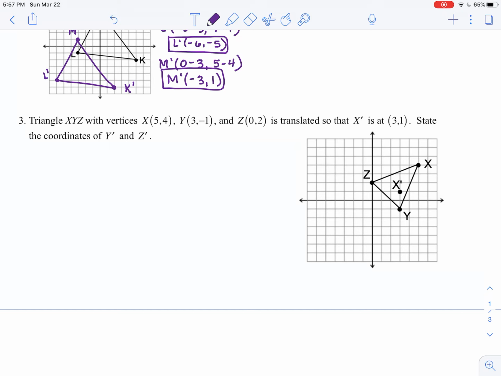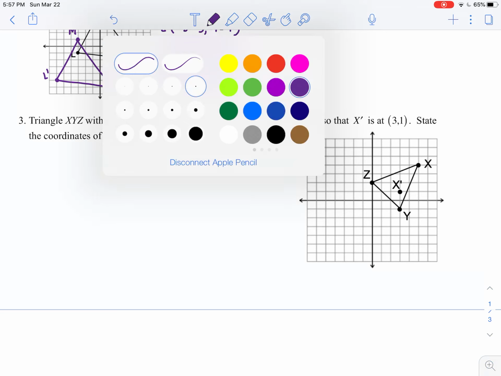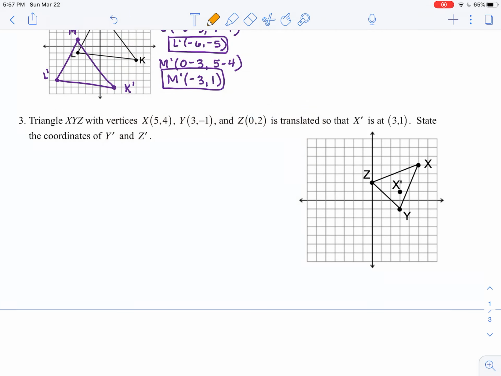So instead of giving us the rule for this translation, we need to find the rule first using X and X prime, and then we can apply that rule to Y and Y prime. So if I start at X, I can see that I have to move over 1, 2 spaces to the left and down 1, 2, 3 spaces to get to X prime.